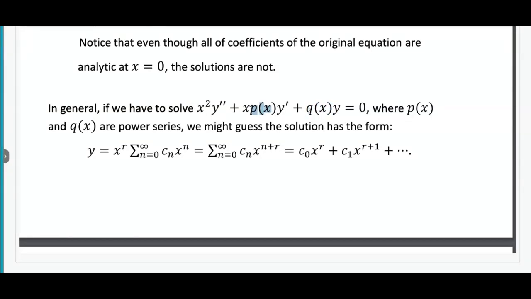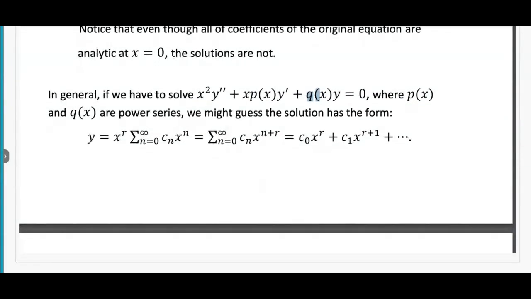So in this case, little p and little q are power series. Then we want to get a solution in the power series form of x raised by r times this power series. So in this case, we see the exponent of x changes from n to n plus r. So our power series starts with x raised by r.